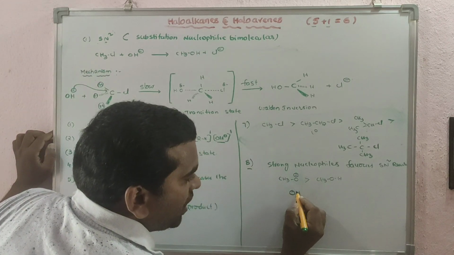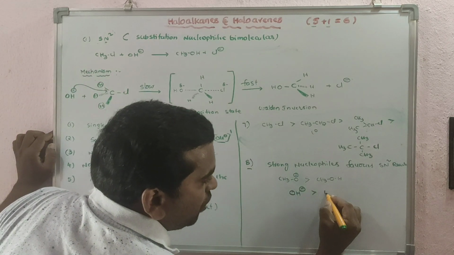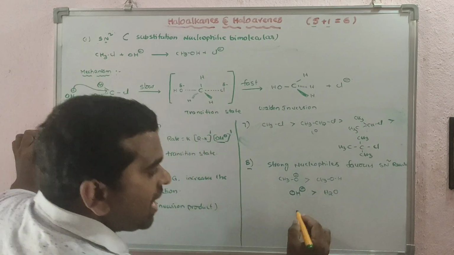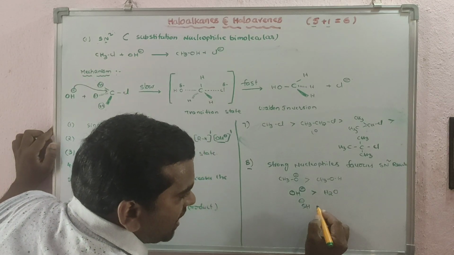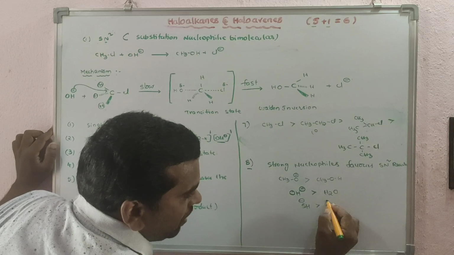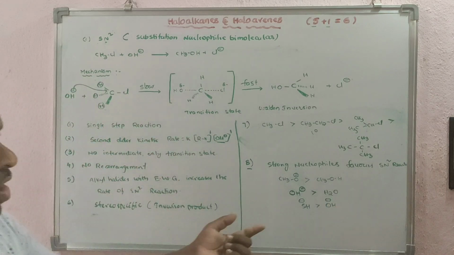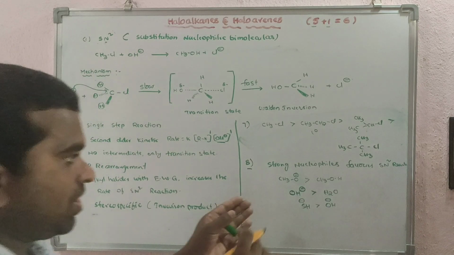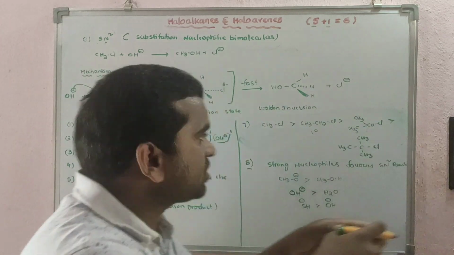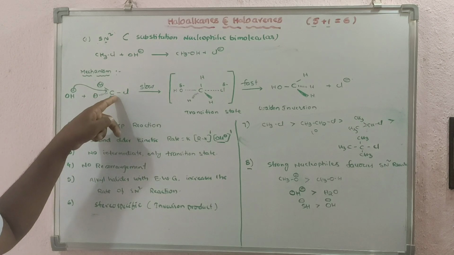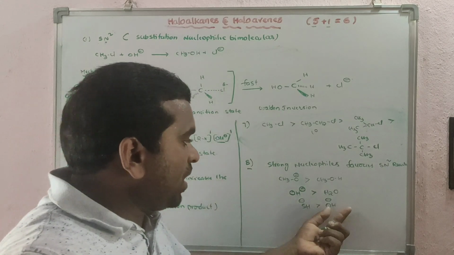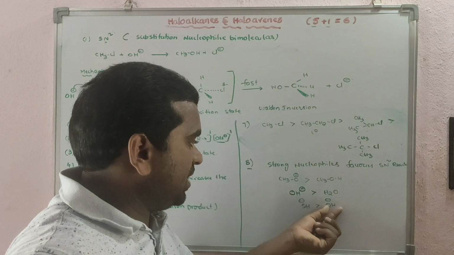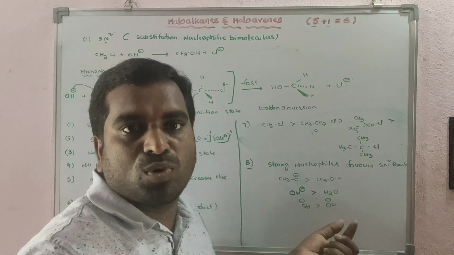Suppose you take OH minus ion, it is a more powerful nucleophile than water. And SH minus is a greater, that is, stronger nucleophile than OH minus ion. Because nucleophile means what? It has to donate electrons to carbon to make a bond. Clear? Oxygen and sulfur, which one is more electronegative?